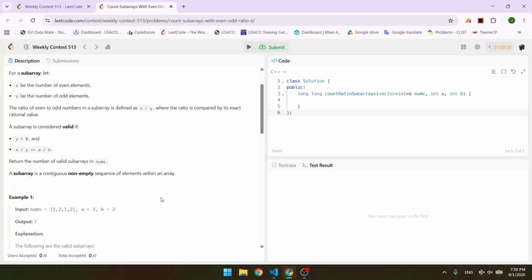Can we find something for x or something for y maybe? So we have L minus y less than or equal to a over b times y. So 1 plus a over b greater than or equal to L over y. Y is greater than or equal to b times L over a plus b.